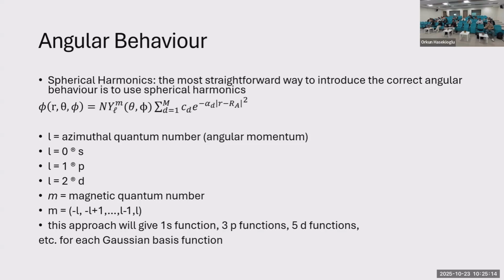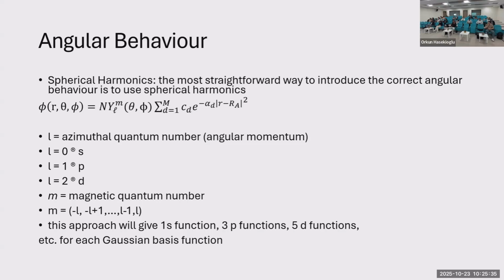And this is the equation. L is the angular momentum number, the azimuthal quantum number. It's 0 for S, as you are familiar with. It's 1 for P and 2 for D orbitals. M is the magnetic quantum number.